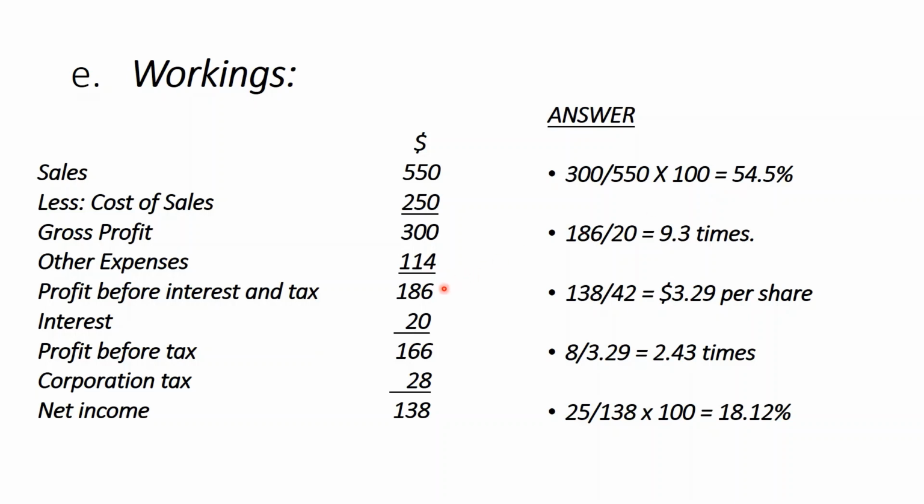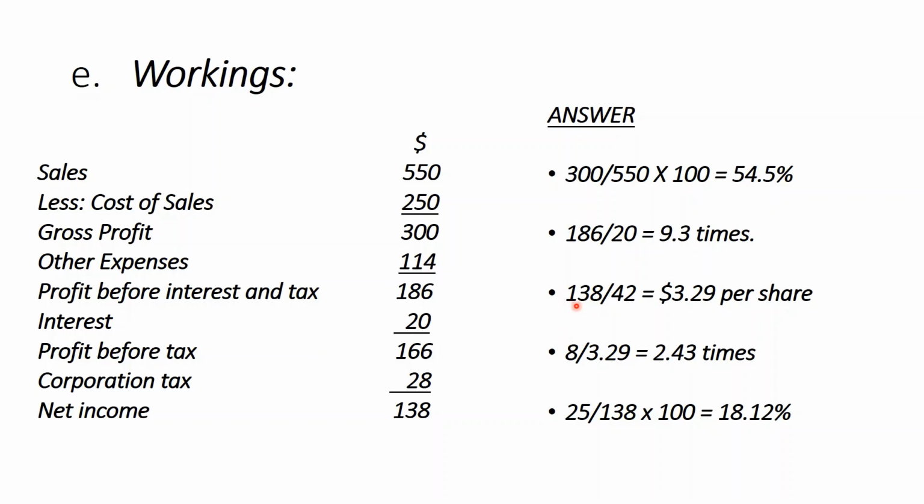Then we have the interest cover, or the number of times interest is earned. We take the net income before interest and tax, 186, and we divide it by the interest itself. This is dollars divided by dollars, so we get 9.3 times. It means the net income covers the interest 9.3 times. Next we look at the earnings per share.